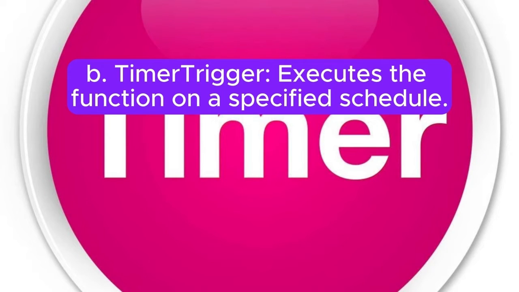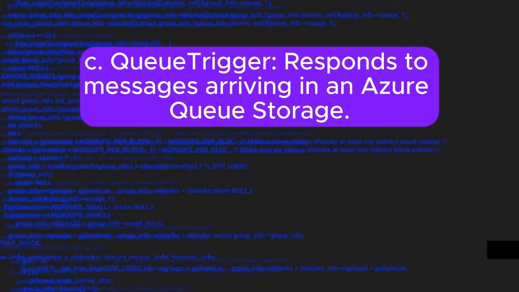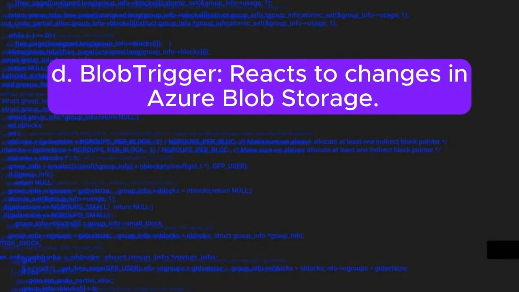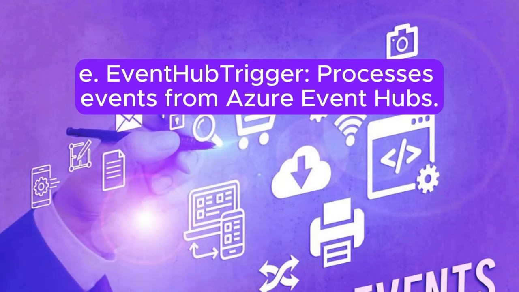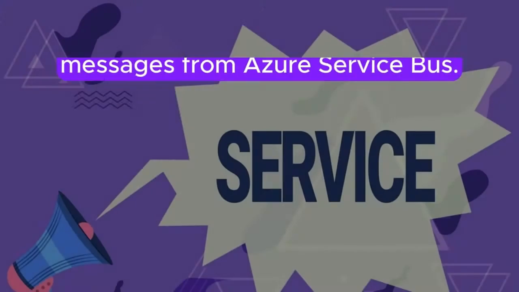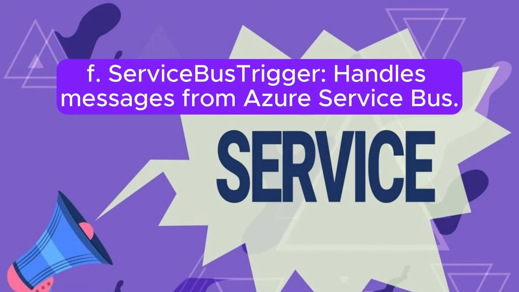Executes the function on a specified schedule. C. Queue trigger. Responds to messages arriving in an Azure Queue Storage. D. Blob trigger. Reacts to changes in Azure Blob Storage. E. Event Hub trigger. Processes events from Azure Event Hubs. F. Service Bus trigger. Handles messages from Azure Service Bus.